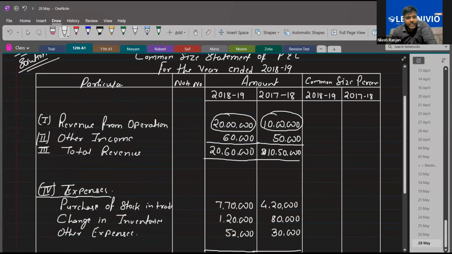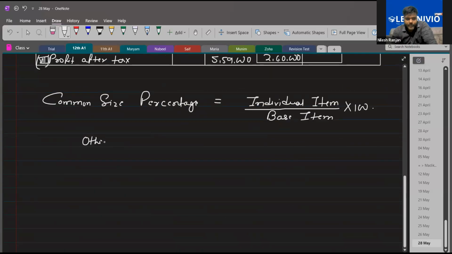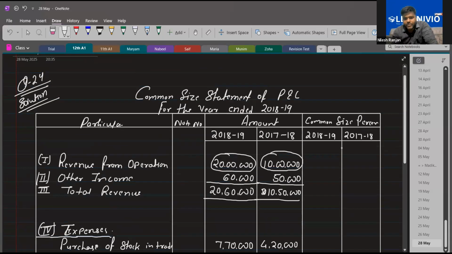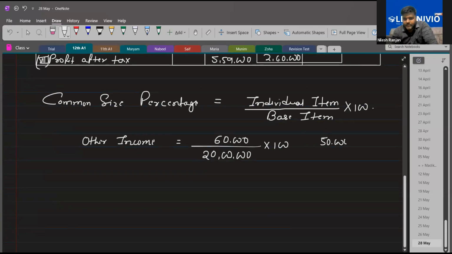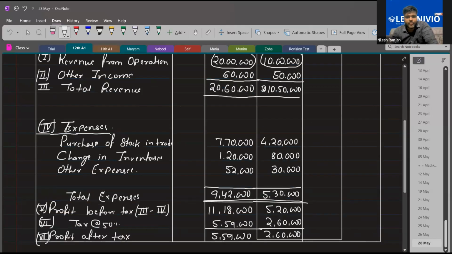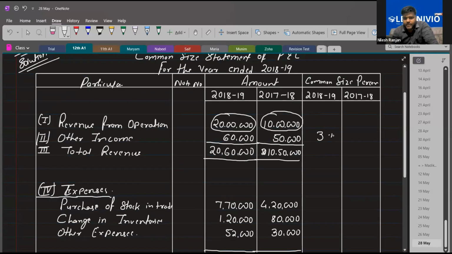So if we have to, let's say, calculate other income percentage, it will be other income equals 60,000 divided by 20 lakh into 100 in the first year, and the second year it will be 50,000 divided by 10 lakh into 100. So it is 3% and 5%.